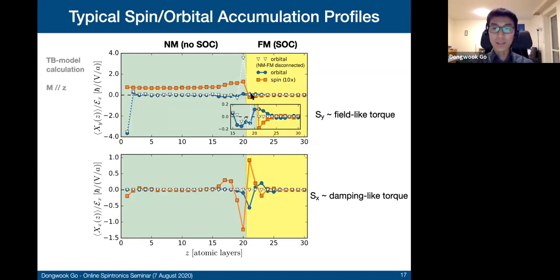We can already see some part of the answer in this plot. Here, without any connection between the ferromagnet and non-magnet, the accumulation is pretty large. But once we connect the system, the injected one is pretty small. I cannot estimate the exact ratio, but it should be very small. But even though it's small, the effect on the torque is sizable.